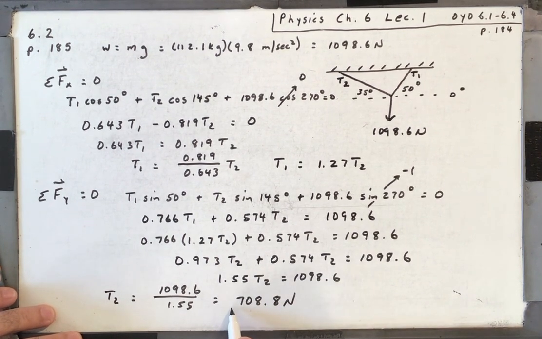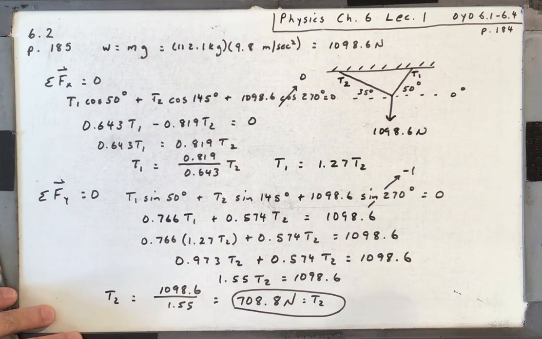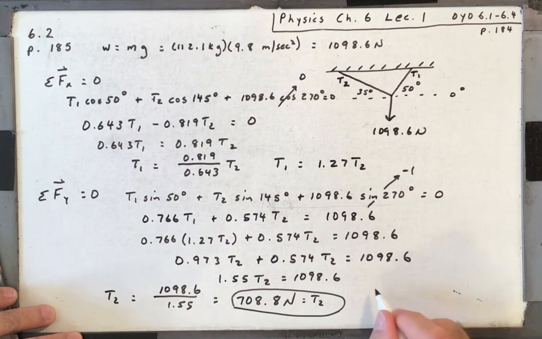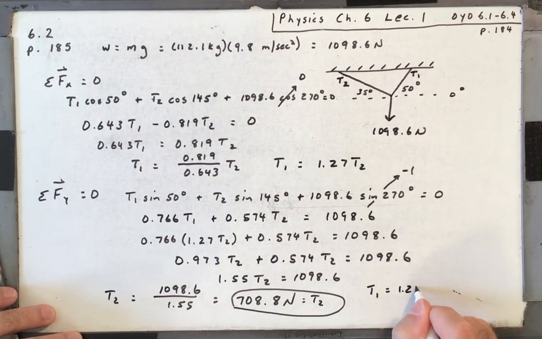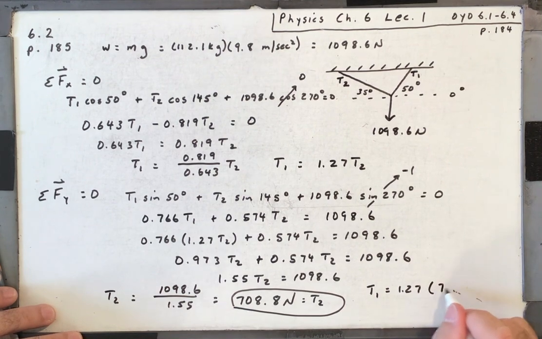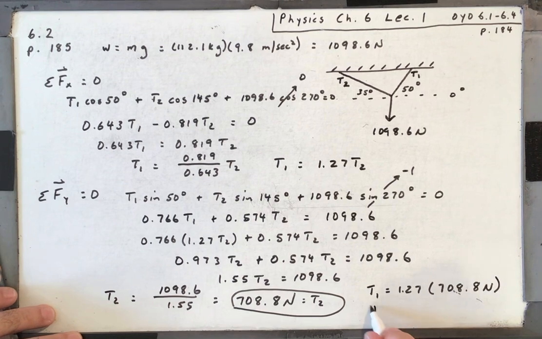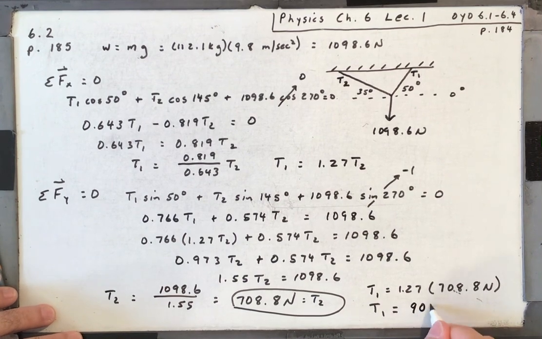So I have one of them. How would I get T1? It's not hard. All I have to do is plug that 708.8 right in here for T2. So T1 is equal to 1.27 times 708.8. All right, and therefore T1 is going to be 900.1 newtons.